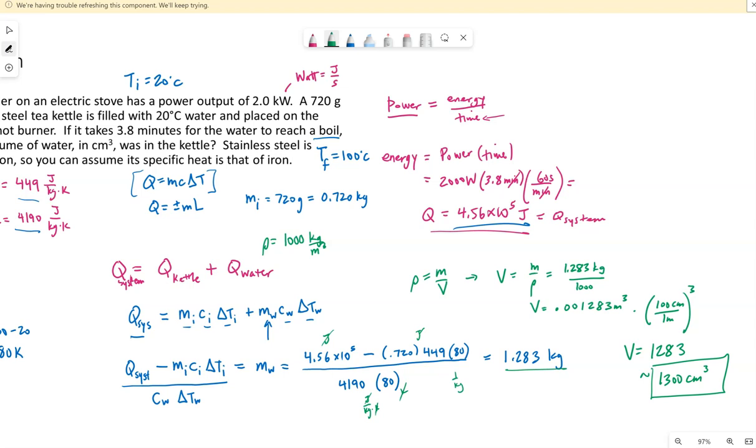Because the problem asked specifically for centimeters cubed, that's why I'm putting it into centimeters cubed. In terms of what we're familiar with, it would probably make sense to write it in liters. That would be 1.3 liters of water.